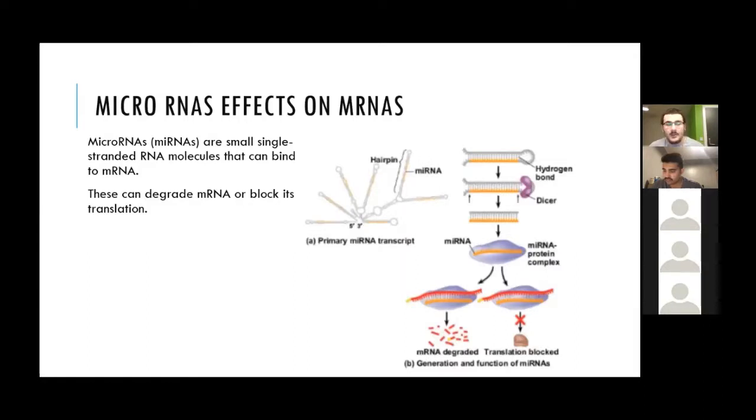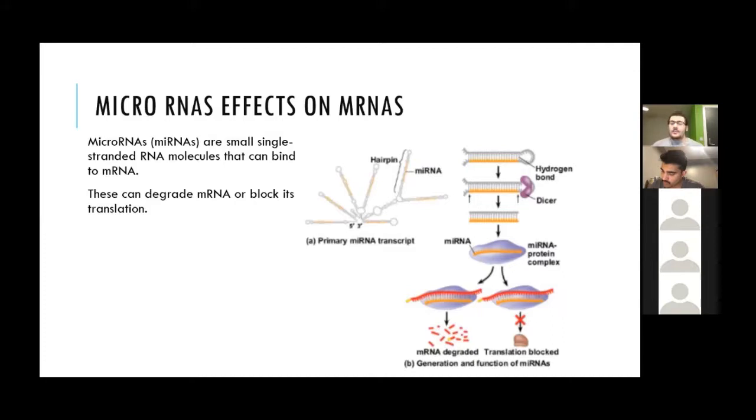A short thing about microRNAs. MicroRNAs are small single-stranded RNA molecules that bind to the mRNA. When they bind to the mRNA, they either cause the mRNA to get degraded or they block its translation. So basically, it's like a post-transcriptional modification on mRNAs.